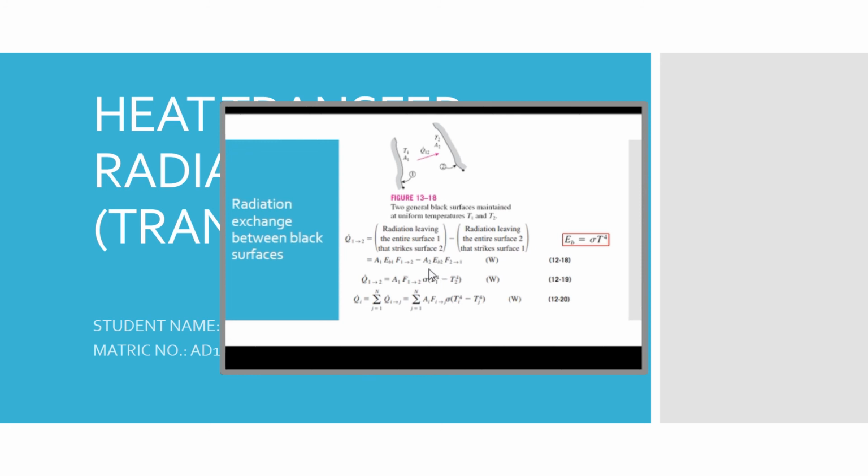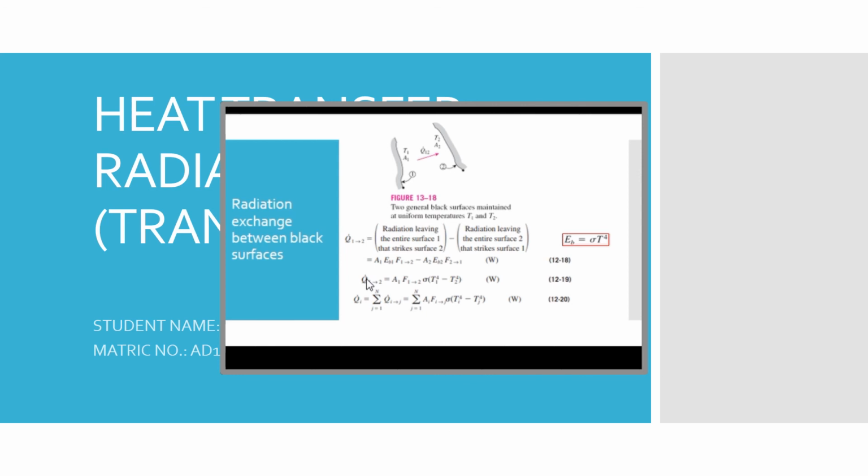Applying the reciprocity relation A1 F1 to 2 equals A2 F2 to 1 yields equation 12.19, which is the desired relation. A negative value for Q dot 1 to 2 indicates that the net radiation heat transfer is from surface 2 to 1.